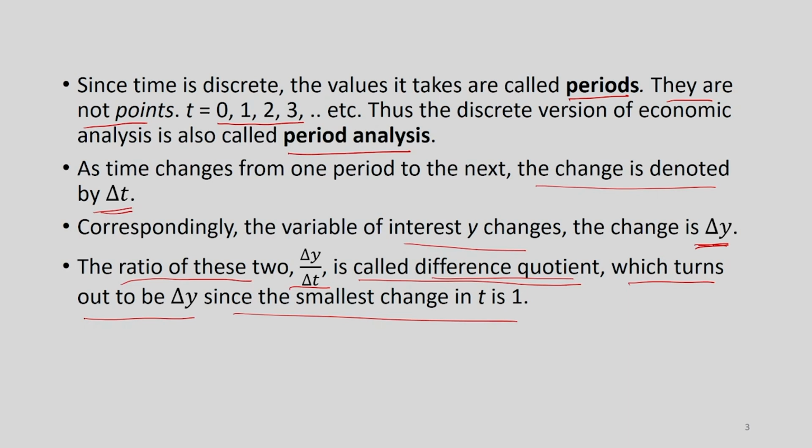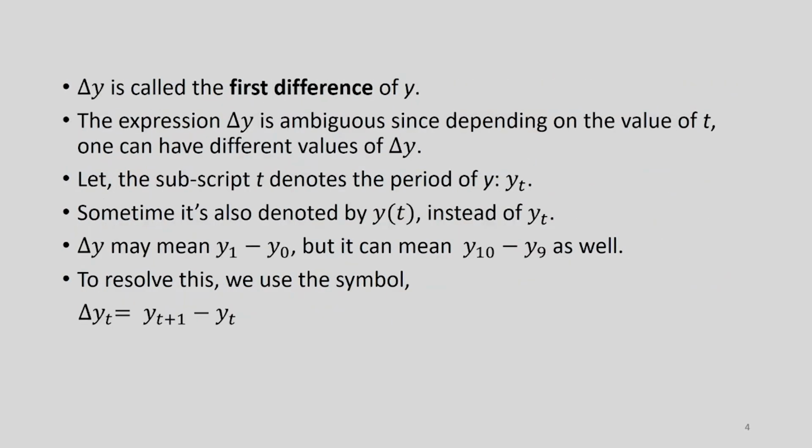So, delta y by delta t boils down to delta y, because here by delta t I mean the smallest change that is possible, because time changes from one period to the next is equal to 1. So, delta y by delta t is same as delta y. Delta y is called the first difference of y.